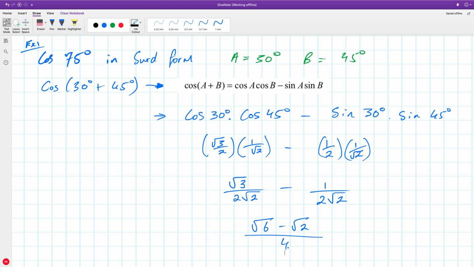Just make sure I did my multiplication there right first of all. Oops, root 6 over 4.